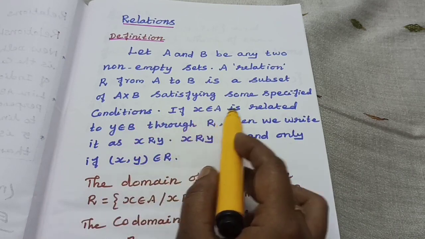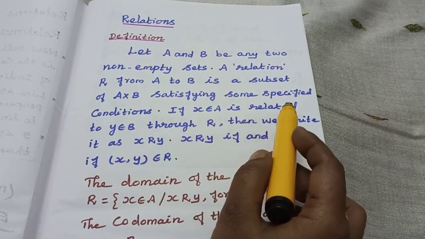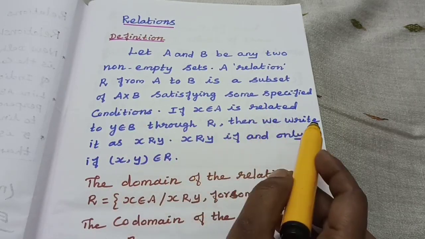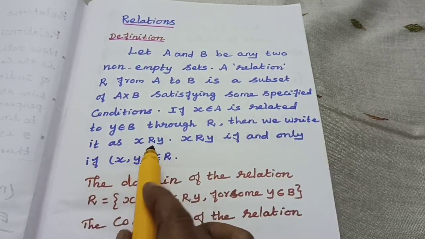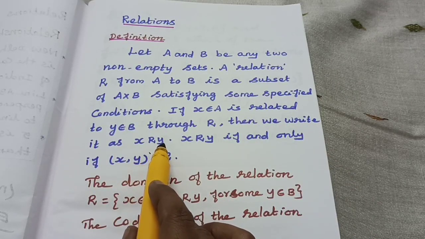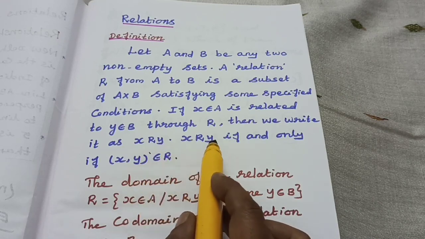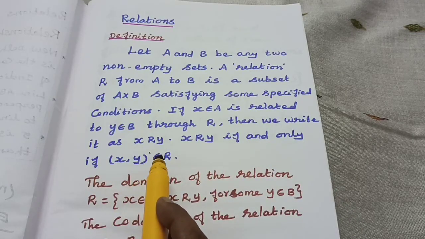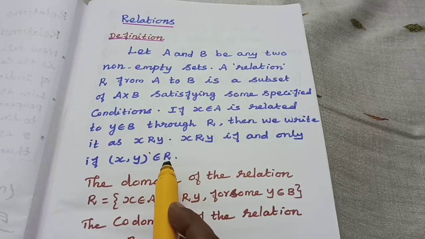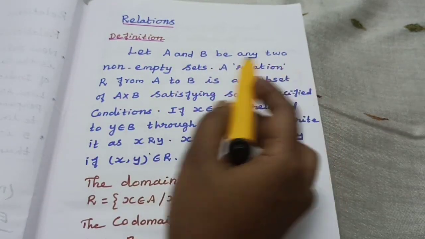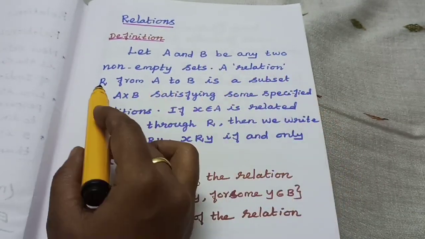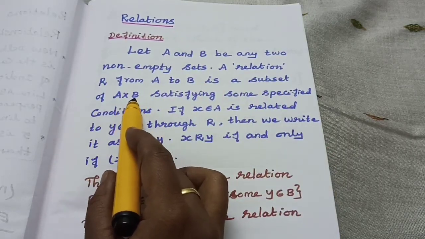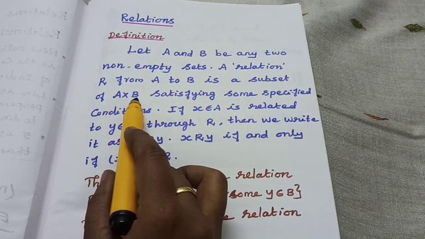If x belongs to A is related to y belongs to B through R, then we write it as x R y, x is related to y, if and only if (x, y) belongs to R. Already you learned A cross B, isn't it?